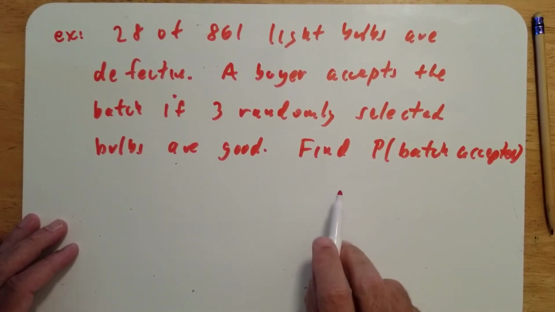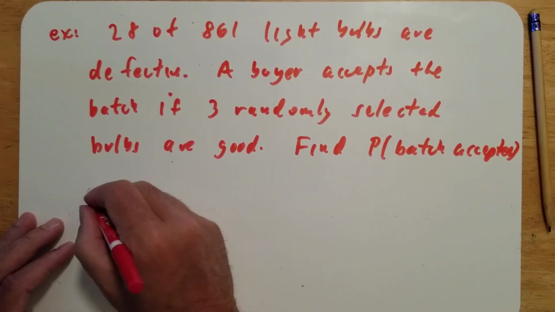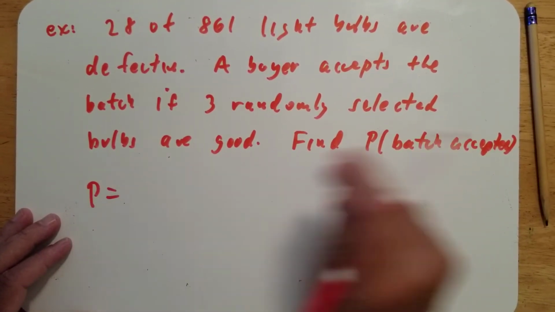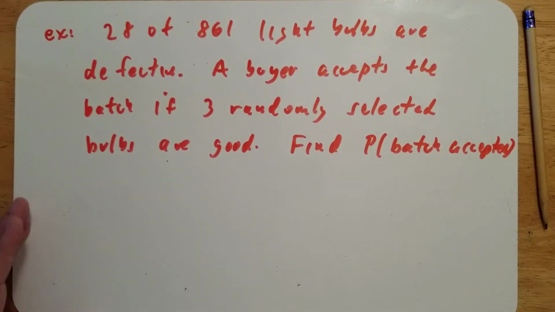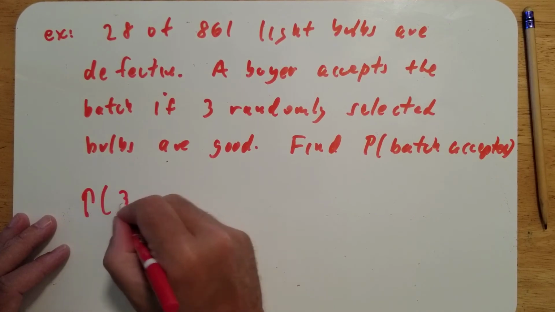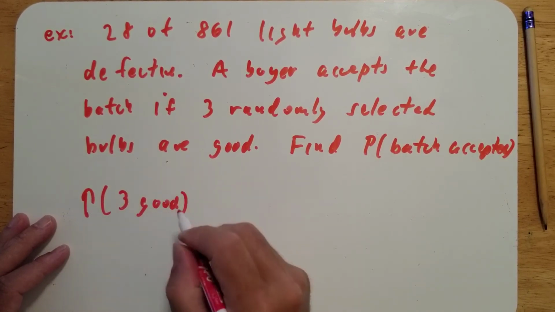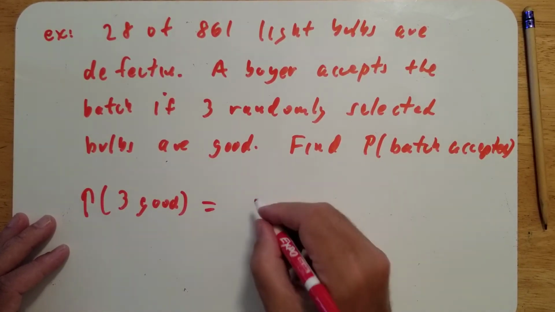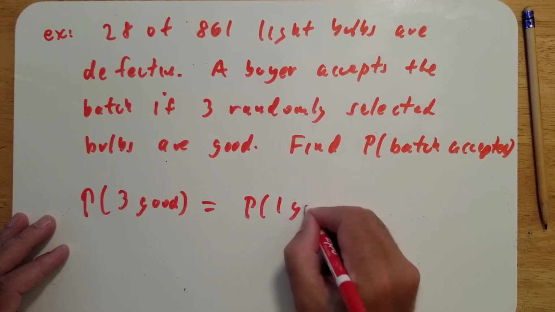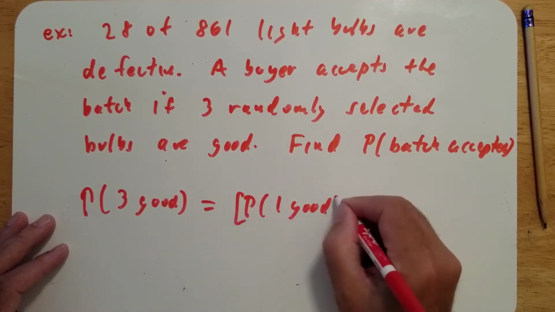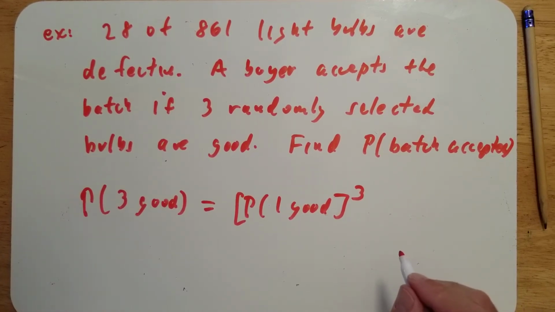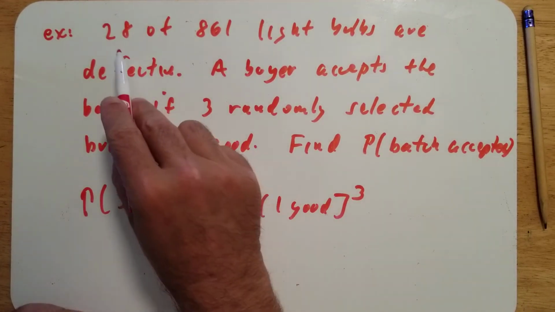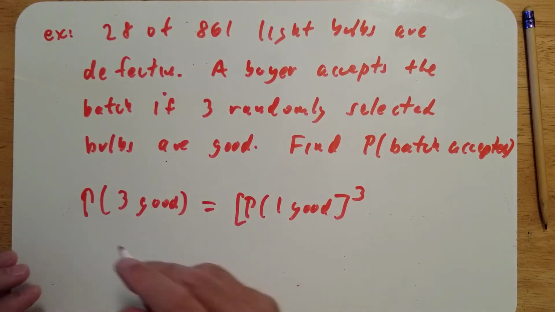Well, the probability the batch is accepted is the probability of getting 3 good ones. And by this multiplication rule, this is the probability of 1 good one raised to the 3rd power. And the probability of 1 good one you have to calculate because they gave you 28 of 861 are defective.